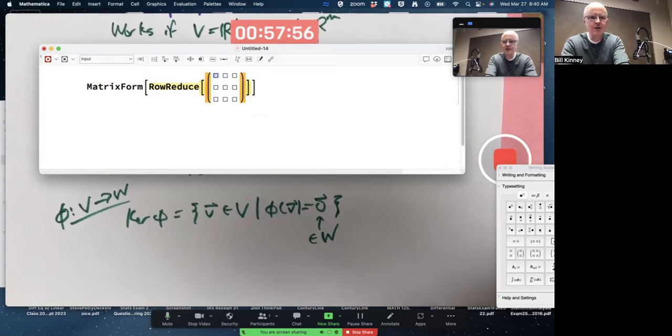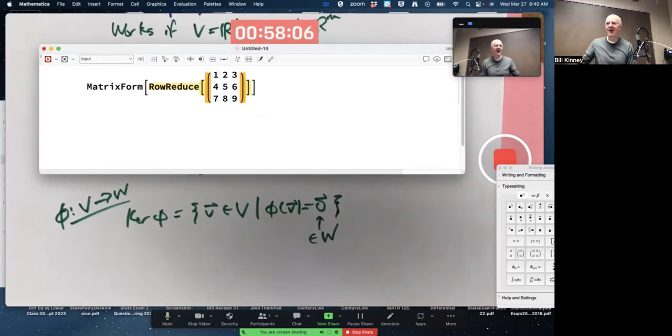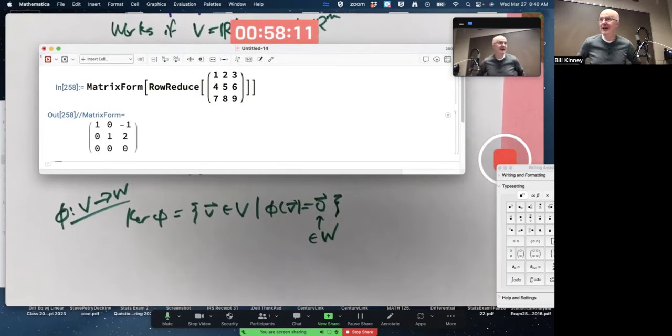If you create the matrix 1, 2, 3, 4, 5, 6, 7, 8, 9, and do row reduction, RREF, you get a row of zeros, which means if you had the corresponding homogeneous system with the column of zeros on the right, there'd be a free variable. X3 would be a free variable. X1 and X2 could be written in terms of the free variable X3. The kernel would be non-trivial is what I'm trying to say.